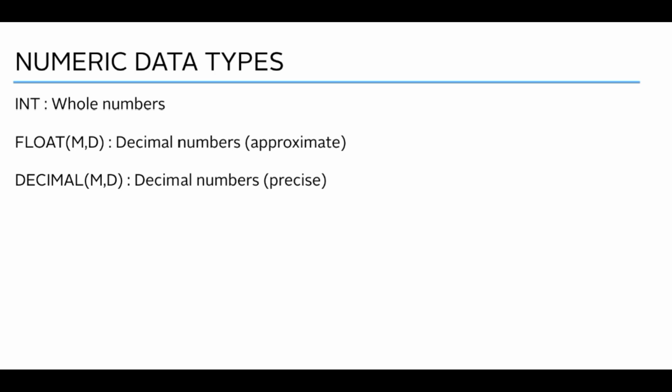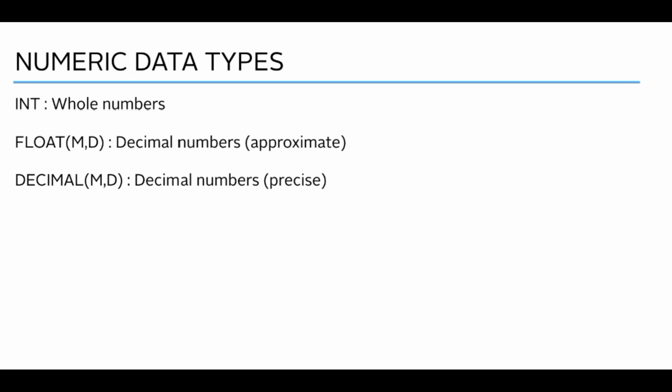And the next data type is the float data type, and this is when you need decimal numbers. So for example, if you're storing height, you'll need to use 1.78 meters, for example. So you have to use a float data type, and you'll have to define how long that number is.